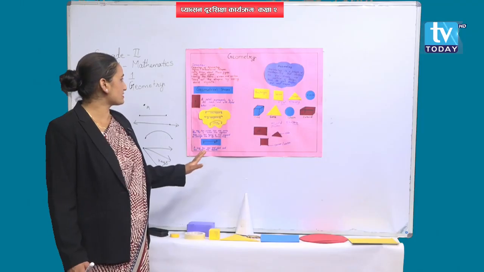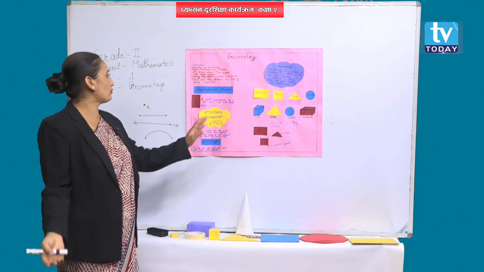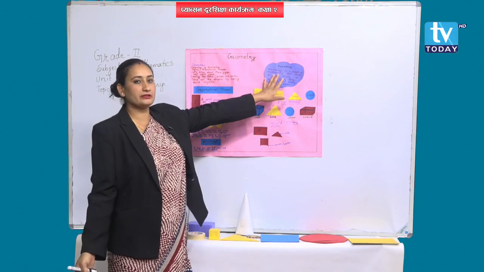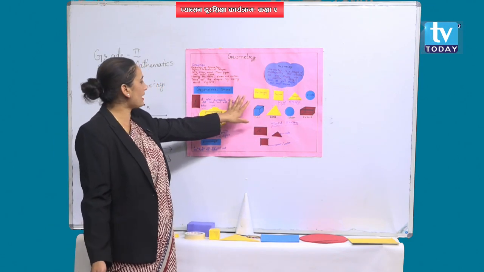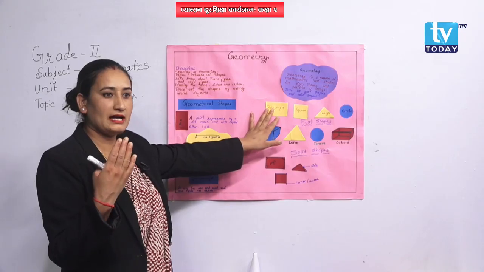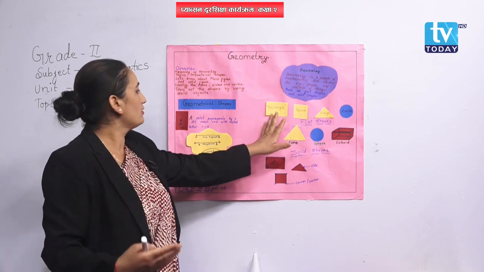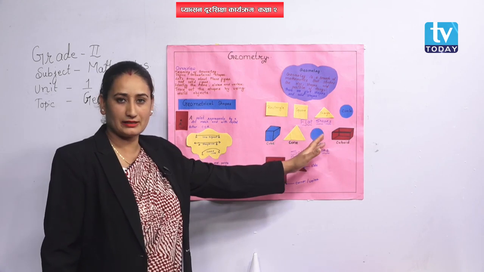Okay, students, let's recall. We have learned the meaning of geometry. Then we saw from the chart rectangle, square, triangle, circle.